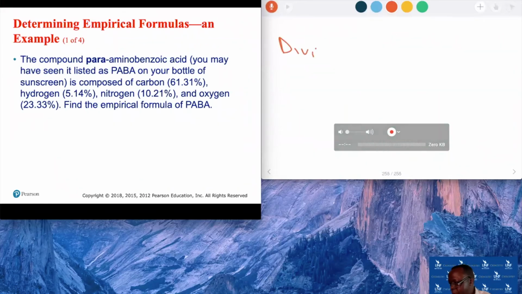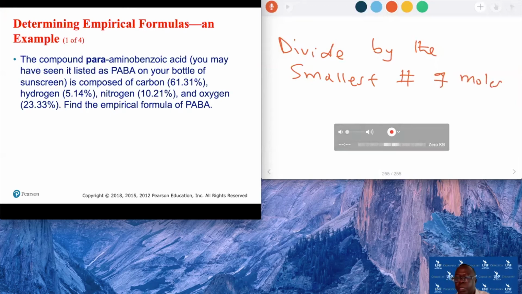It doesn't really matter which one is the smallest. It's not always the first element. You look at which one is the smallest.